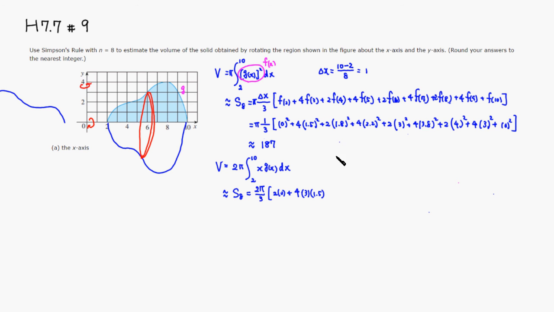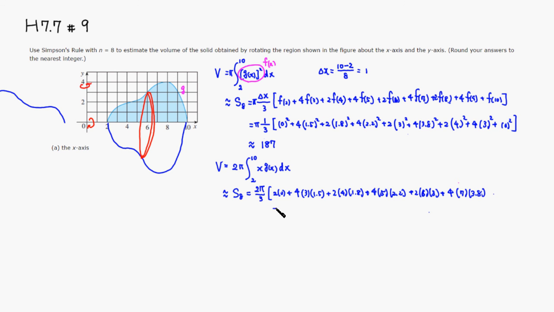I can kind of follow this. Then 2 times 4 times 1.8, plus 4 times 5 times 2.2, plus 2 times 6 times 3, and plus 4 times 7 times 3.8.